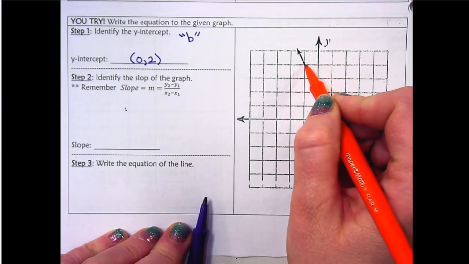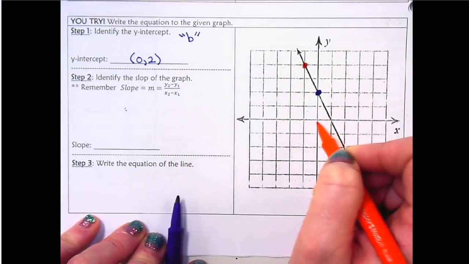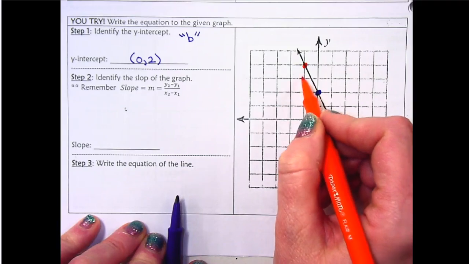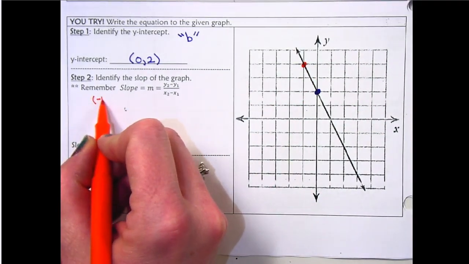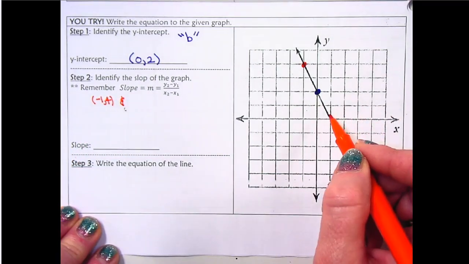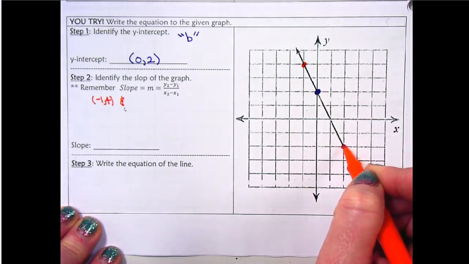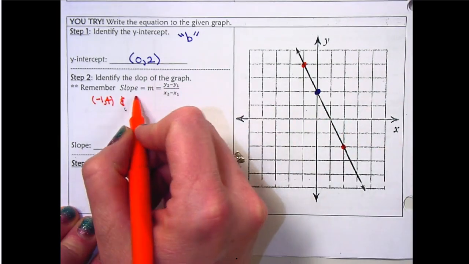I'm going to use this ordered pair, which is at negative 1, positive 1, 2, 3, 4. So (-1, 4). And I'm going to use this ordered pair, which is at (2, -2).